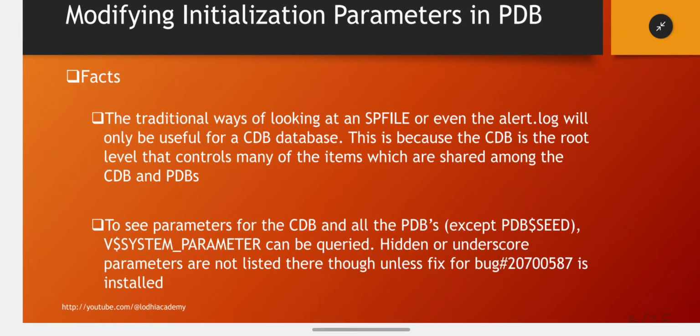To see parameters for the CDB and all the PDBs except PDB$SEED, V$SYSTEM_PARAMETER can be queried. Hidden or underscore parameters are not listed there, though, unless the fix for bug 20700587 is installed.